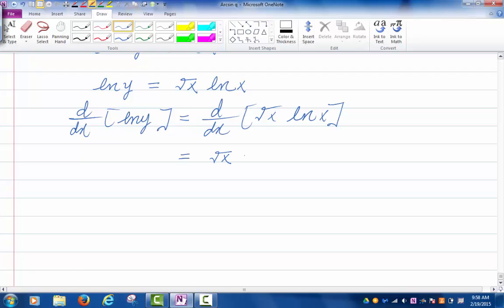Remember what y is? y is x to the root x, so I have to plug that in again, and then I still have that 1 over root x plus ln of x over 2 root x, and then you can do the simplification that I did before, right? So this is another way of doing it, using log differentiation.